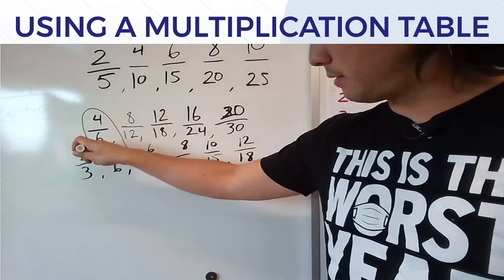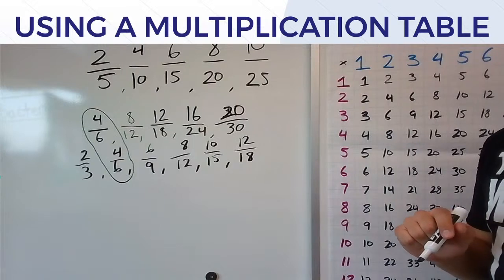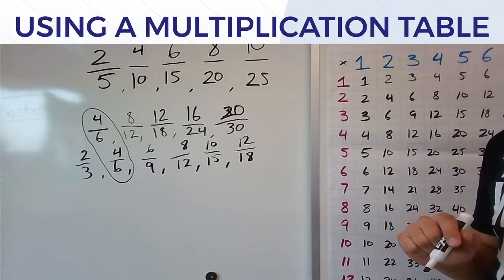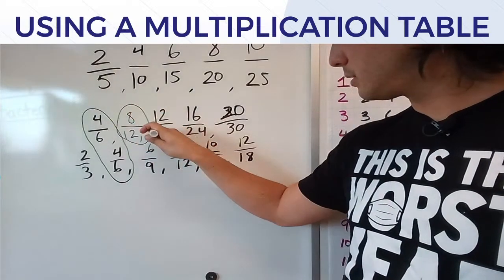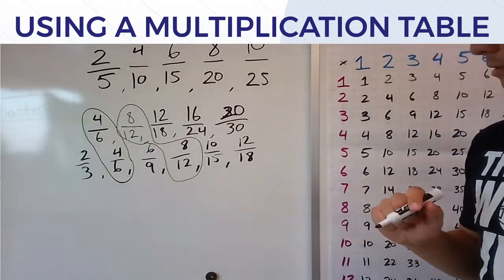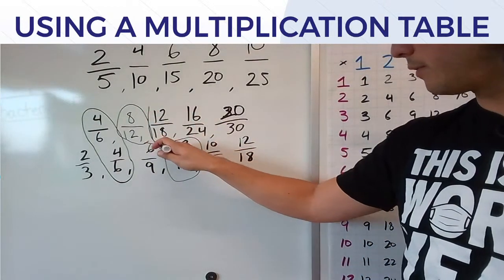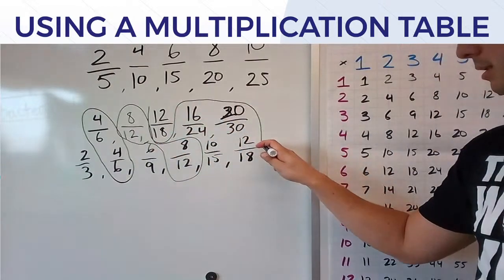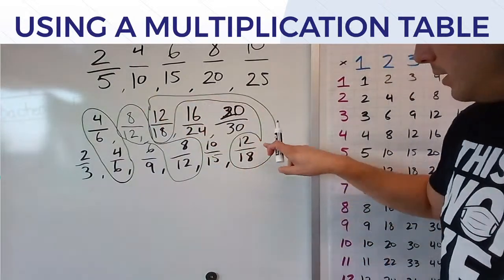Here's 4/6 and 4/6. Any other common ones? Yeah. 8/12 and 8/12. And then 12/18 and 12/18.